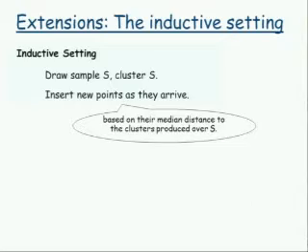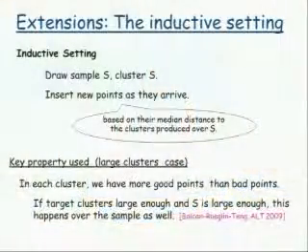So we first run the algorithm on the sample. For example, for the large clusters case, we create the graph G, the graph H. We take the largest component of H. And then when new points arrive, we insert them based on the median distance to the clusters produced over the sample. And then we can argue that this gives us a clustering of low error.